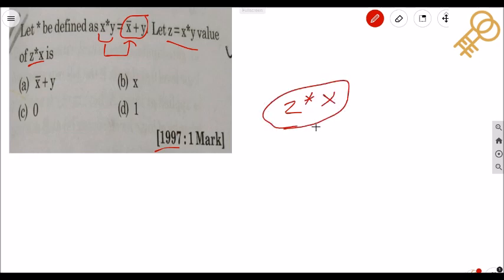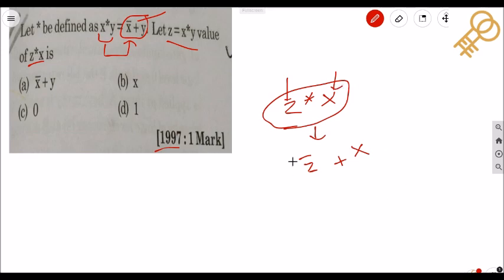See, we can write this z star x in the form of z complement plus x, because in the place of x, z is there, and in the place of y, x is there.